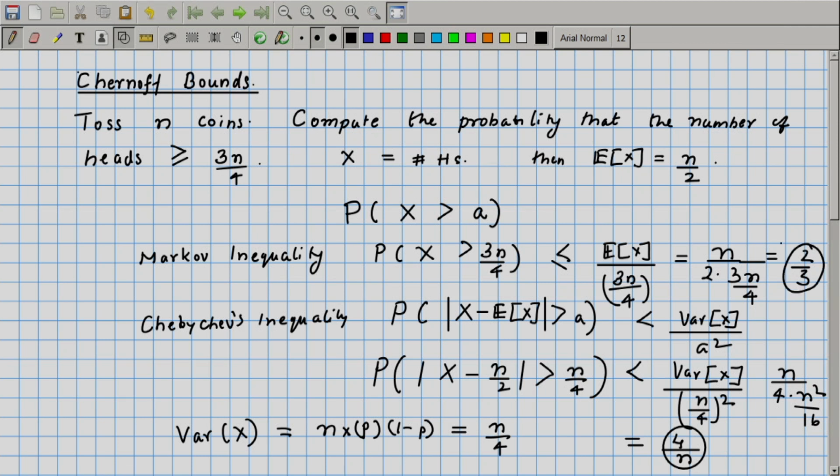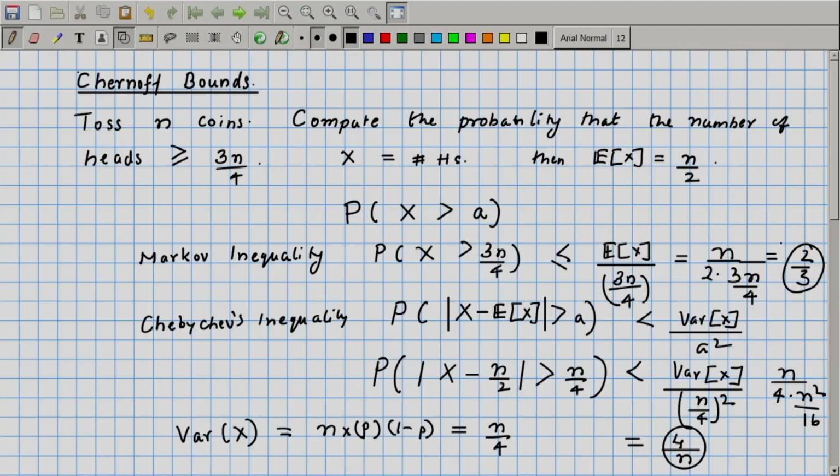So, if you toss let us say 1,000,000 coins, the probability that the number of heads is greater than 0.75 million, that is going to be something like 4 divided by 1 million.